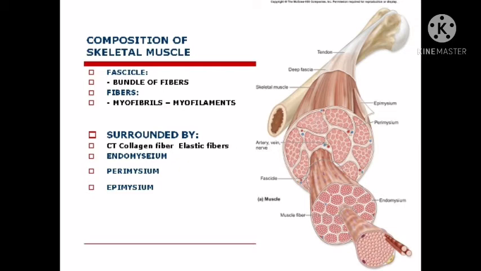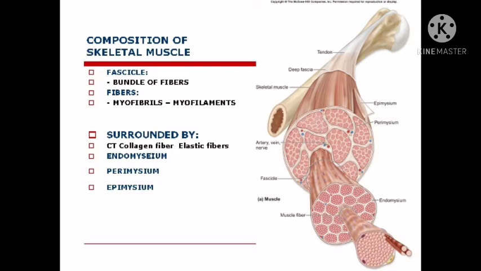Here, Almighty has enclosed the entire muscle mass in this particular connective tissue, the deep fascia, and this is named the epimysium. The muscle mass is covered by a layer of deep fascia, called the epimysium.